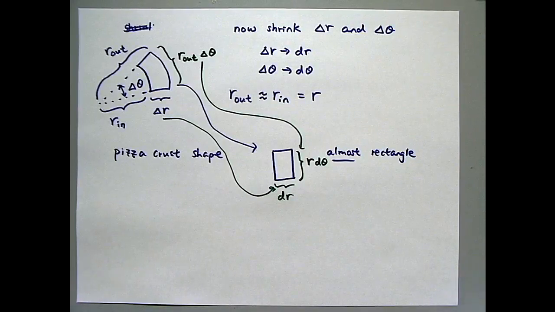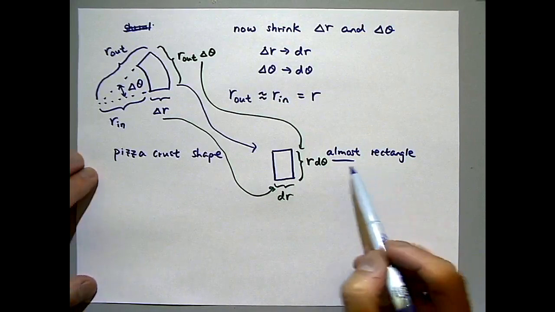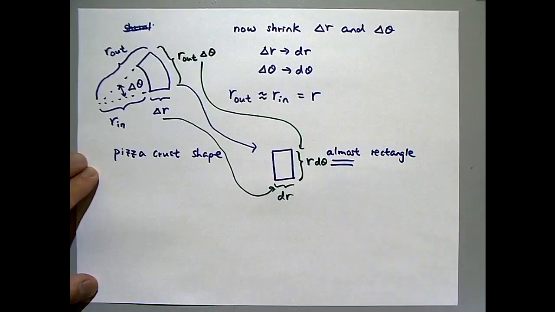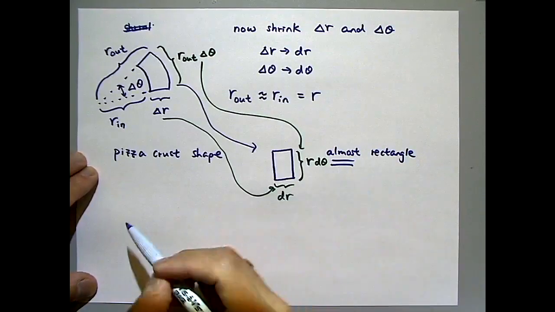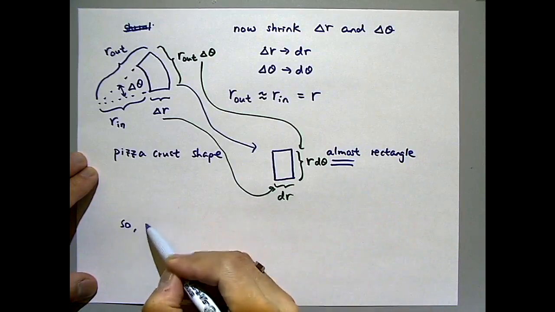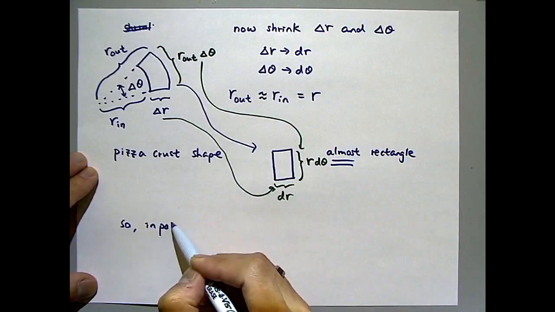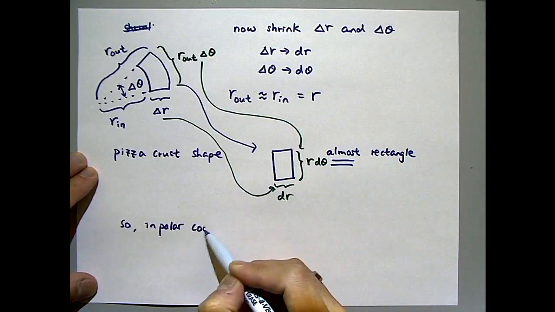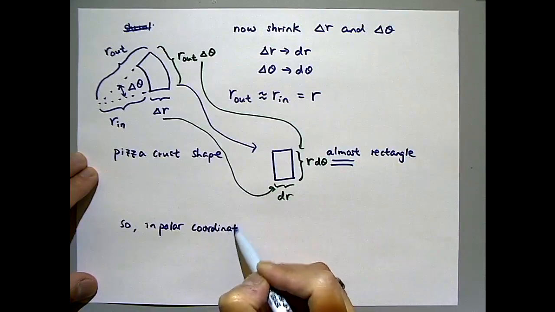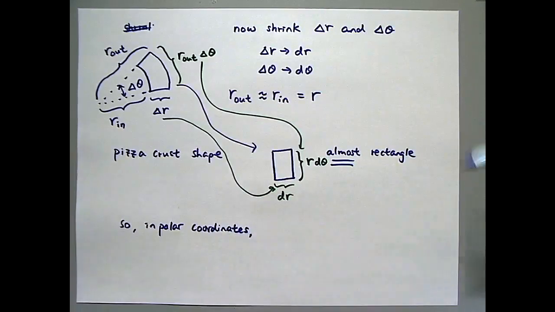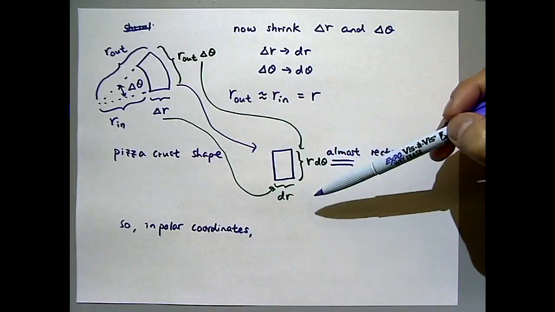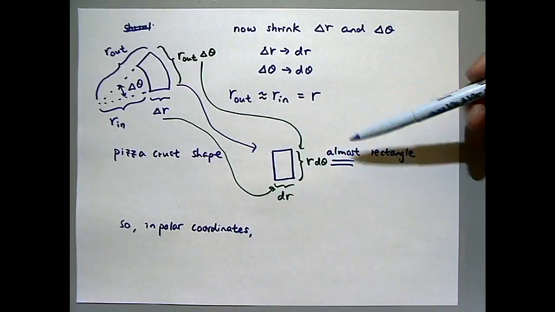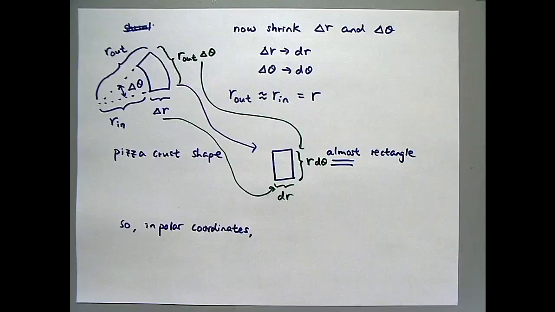Okay? And the important thing here is that this is almost a rectangle. And the smaller we can make d theta and dr, which is what we're going to do anyway, the closer it is to a rectangle.